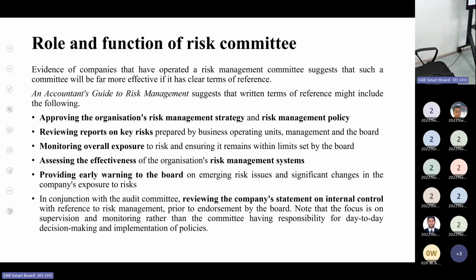To manage risk, you have to have a risk management policy, right? You will study what a risk management policy is, which details everything. The risk management policy and the risk management strategies need to be approved by the risk committee. Then, reviewing reports on key risks prepared by operating units, management and the board.